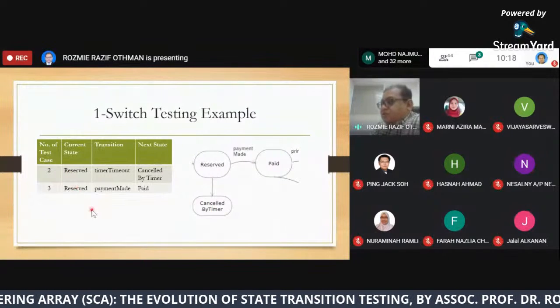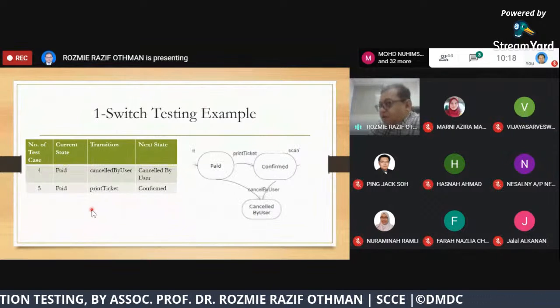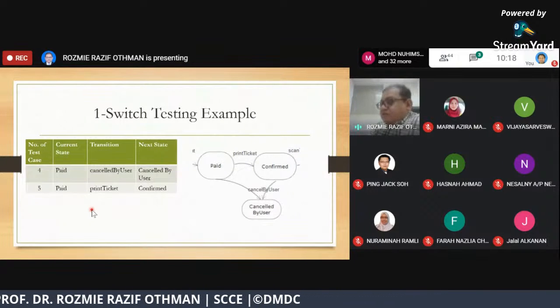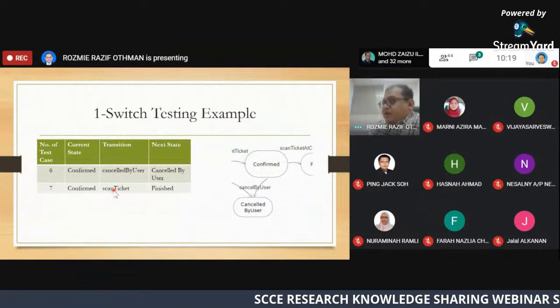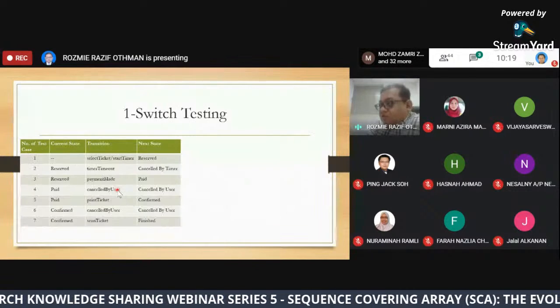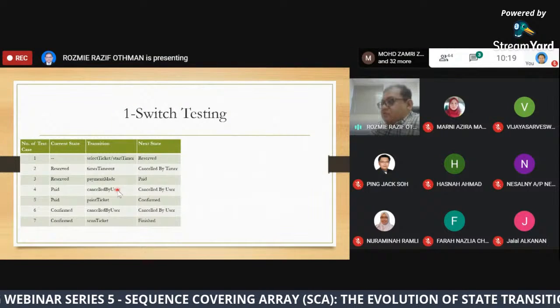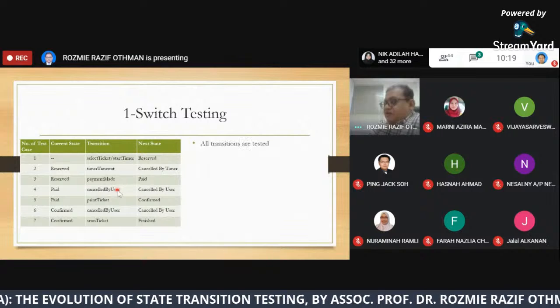For each transition, we have one test. We have 4, 5 to test the transitions cancel by user and print ticket, and 6, 7. In total we have 7 test cases to test each individual transition.